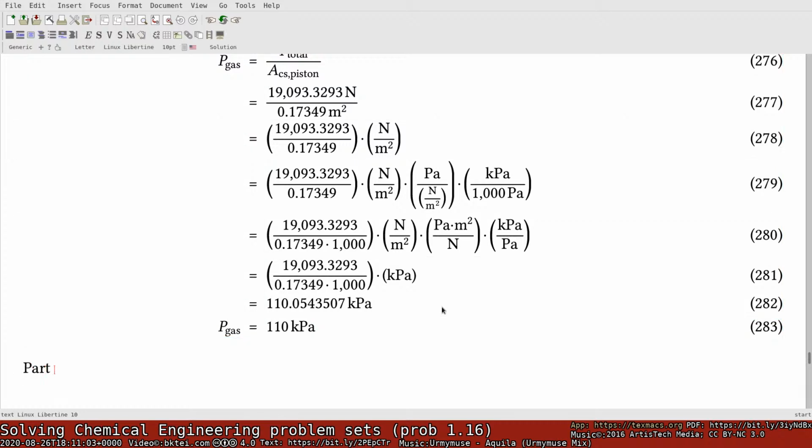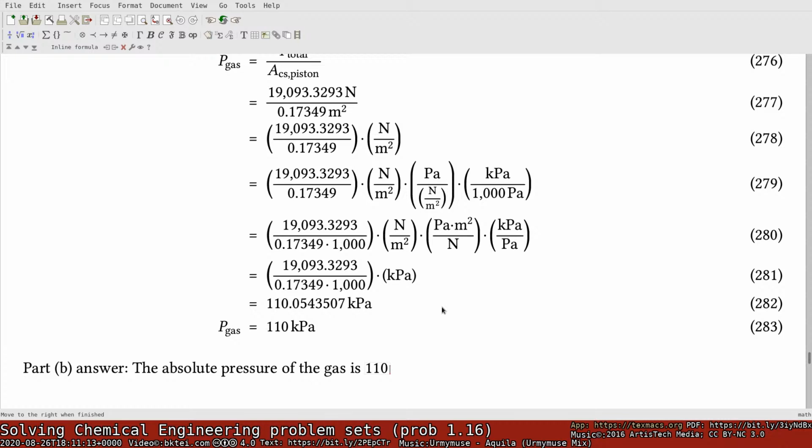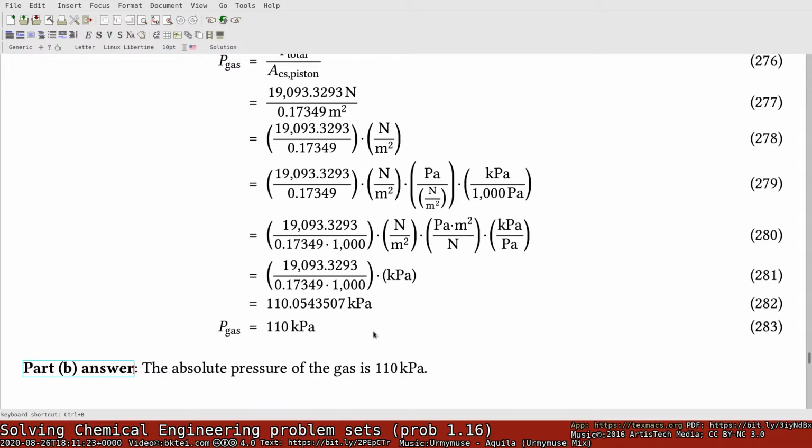Let's see, part B answer. The absolute pressure of the gas is 110 kilopascals. Make that a bold one. All right, part B done.